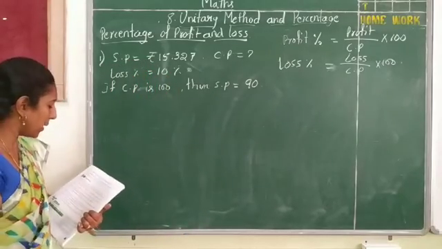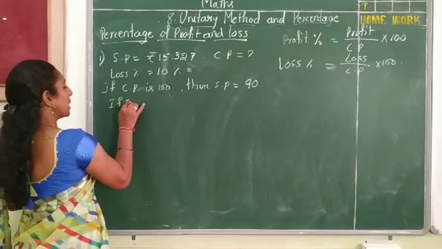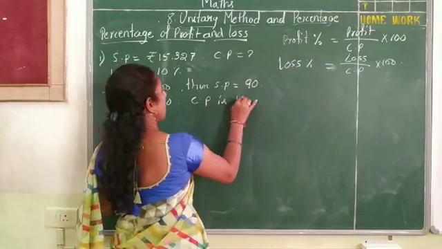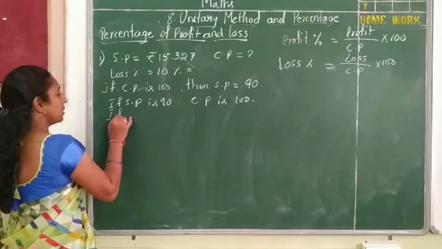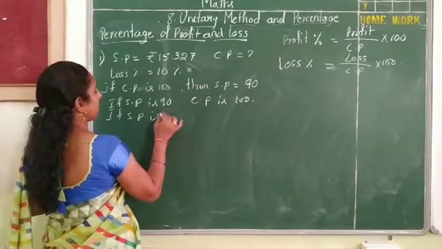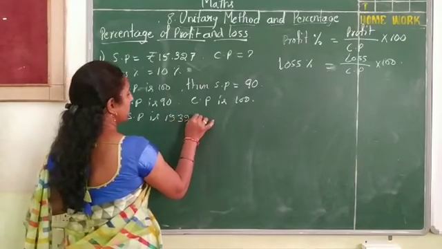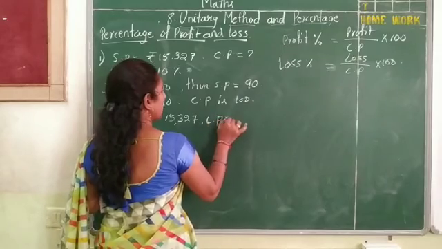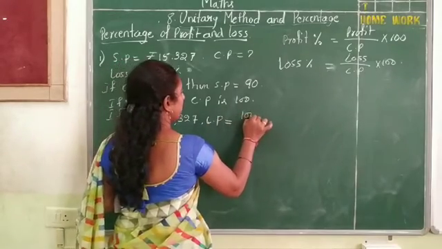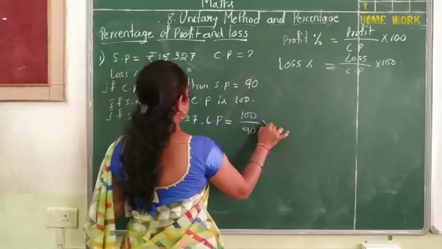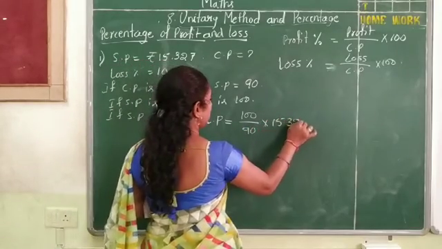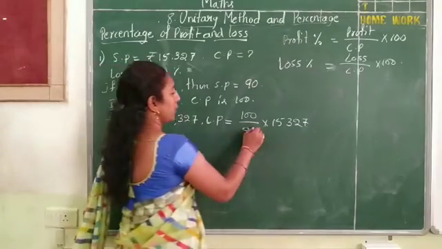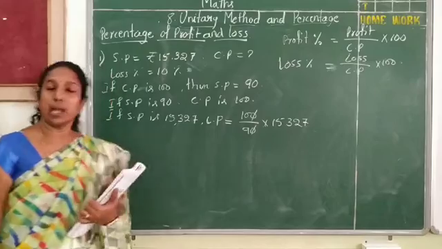So if the selling price is 90, the cost price is 100. If the selling price is 15,327, then the cost price is 100 divided by 90, unitary method, into 15,327. If you do the cancellation, you will get the answer.